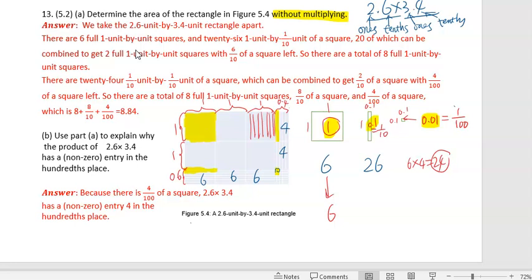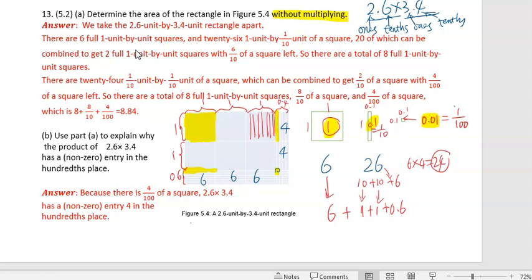So 10 will become a big square which has area 1. Another 10 of these will give us another big square. That's 2 big squares. But then I have 6 of these strips or skinny rectangles. Each of them has 0.1, so 6 of them will give me 0.6. Okay, so let's add these together.